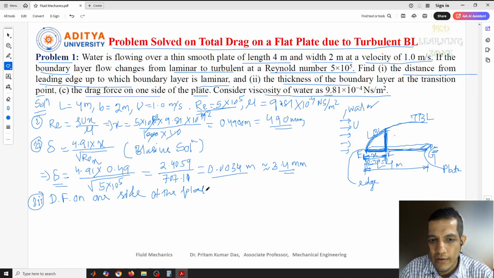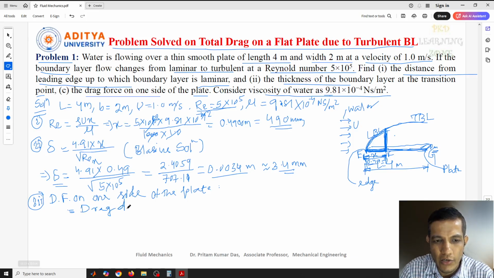This will be solved by considering two things. We need to consider the laminar boundary layer, so we need to write the drag due to laminar boundary layer plus drag due to turbulent boundary layer. So two things need to be taken.